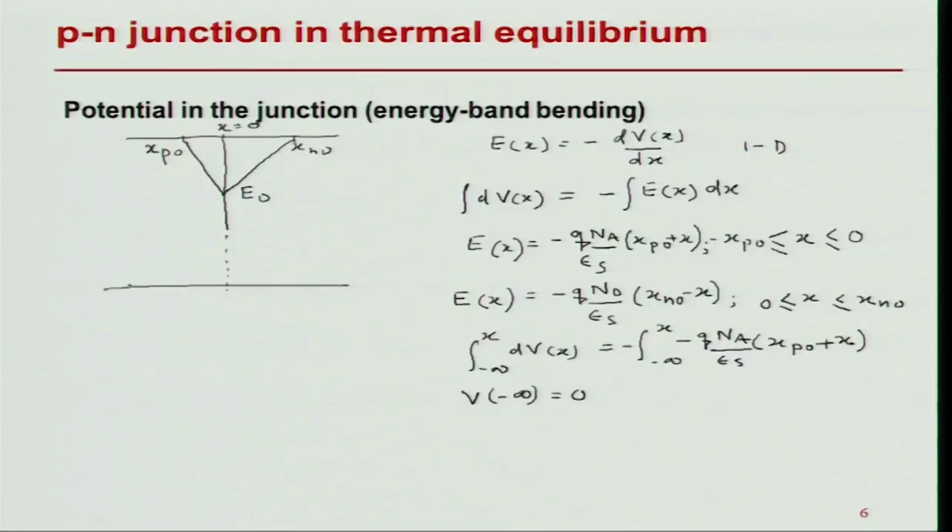So, what I am saying here is that the potential up to here is 0, because there is no field up to the point x p 0, the potential remains 0 till this point, and beyond this point the expression becomes V of x is equal to, which is a parabolic equation, and says that I have potential changing in this manner from x p 0 to x is equal to 0.